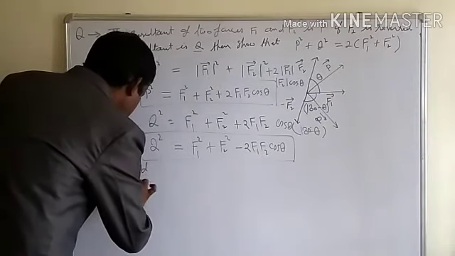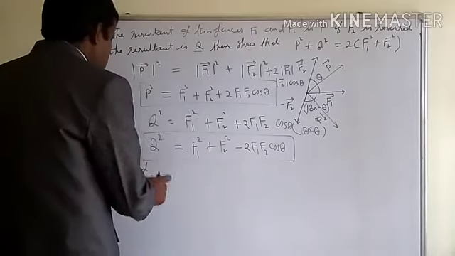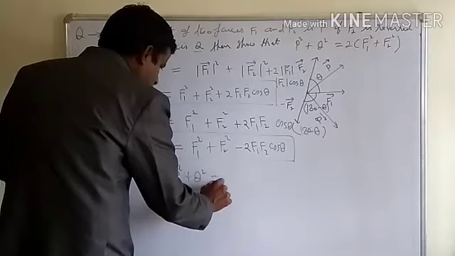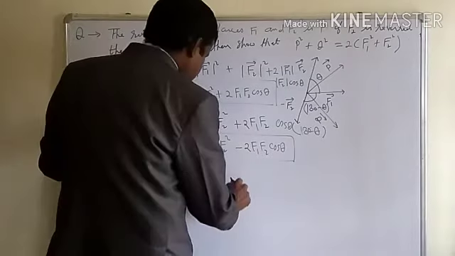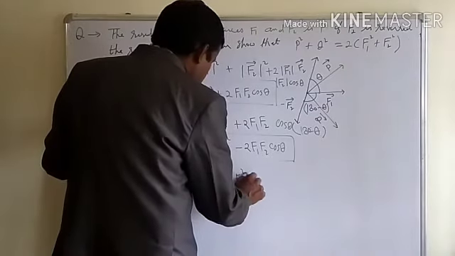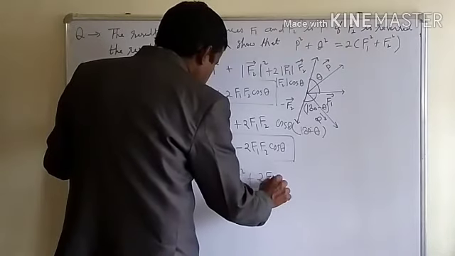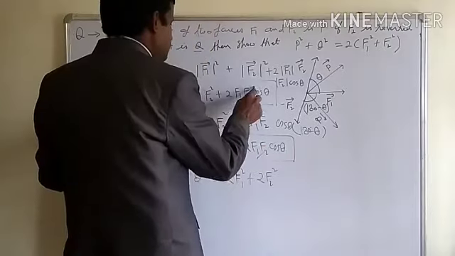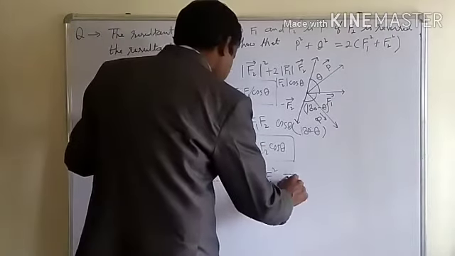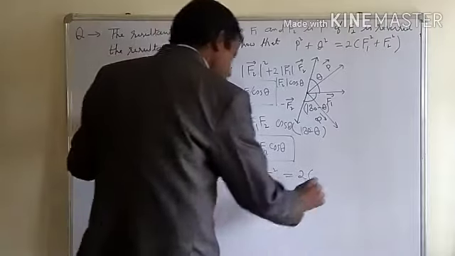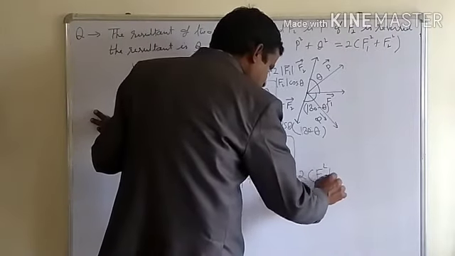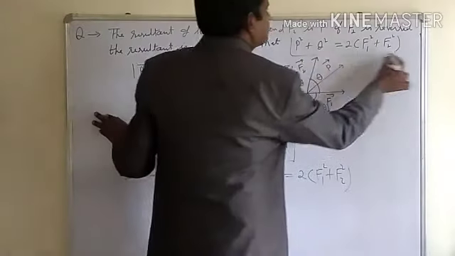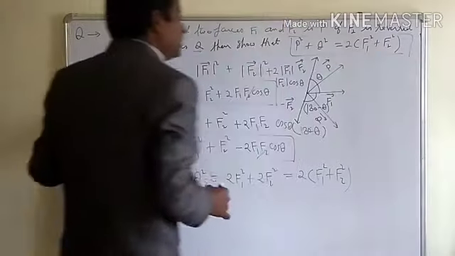When you add, the left side will become P square plus Q square is equal to, and the right side will become 2 F1 square plus 2 F2 square, and this term will cancel. So you will write it, 2 is common, F1 square plus F2 square, which was our result. Getting it? So by this way we may solve the question.